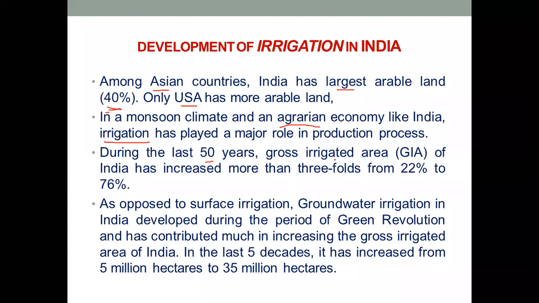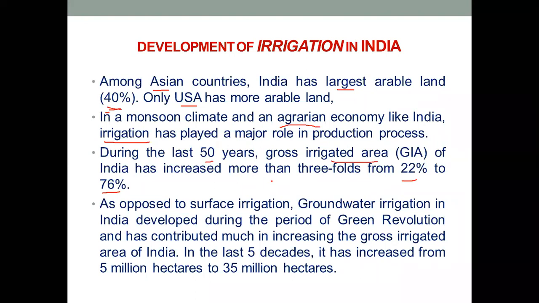the gross irrigated area of India has increased more than threefold, from 22% to 76%. That means 50 years back, out of the total agricultural area, only 22% was irrigated, and the remaining 78% still depended upon rainfall from the monsoon season, which was erratic and very non-uniform.